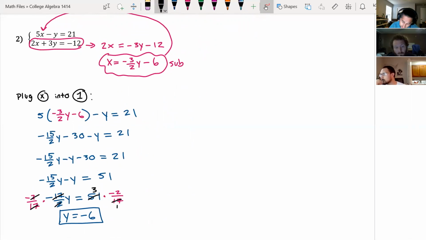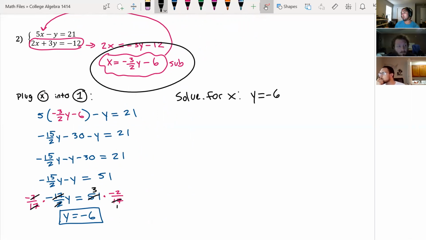Now the next step is to solve for x when y is negative 6. Once again, this is the easy part because we already made a substitution for x. So that's the equation we're going to use.